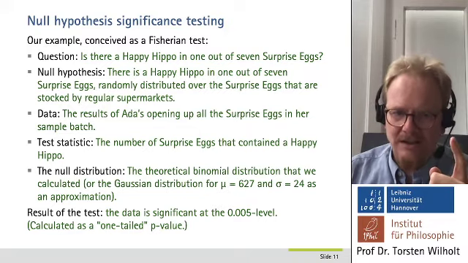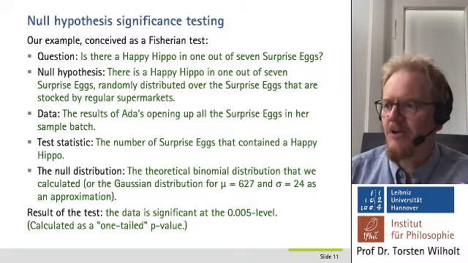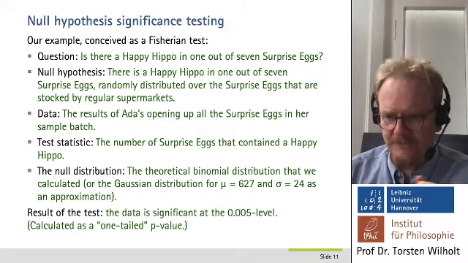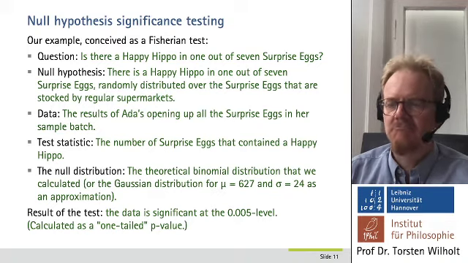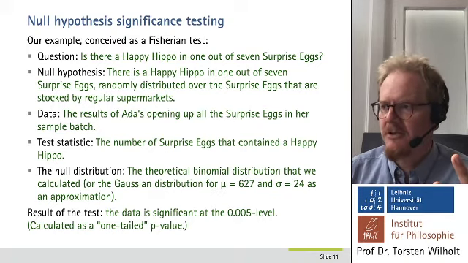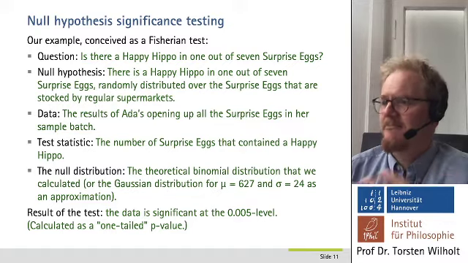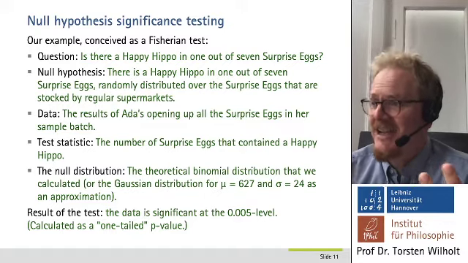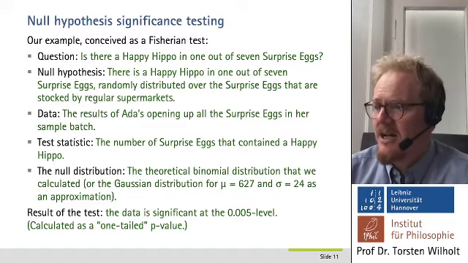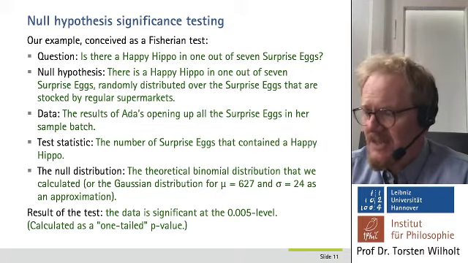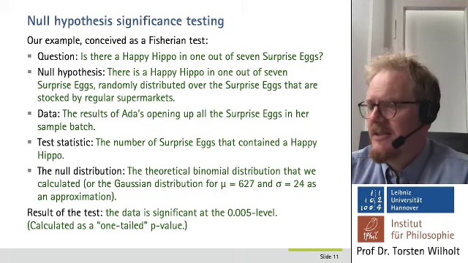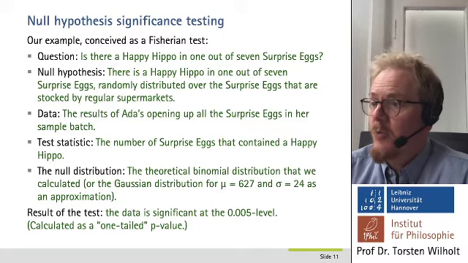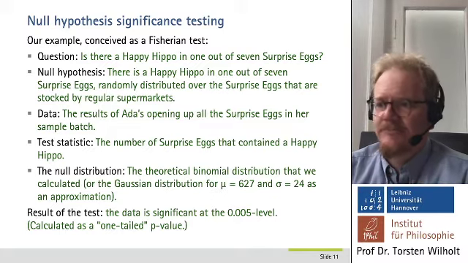But given this test statistic, where all we focus on is the number, this is fine. This is nothing out of the ordinary. In fact, this is as ordinary as it can get. 672 is definitely the expected value.